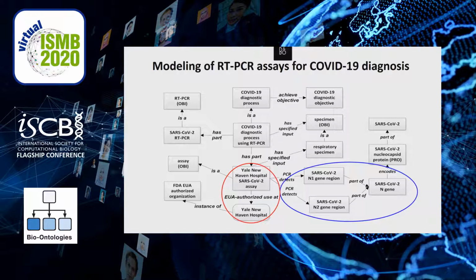The assay applies respiratory specimen and saliva specimen, and it detects both the N1 gene region and N2 gene region that are part of the SARS-CoV-2 N gene.